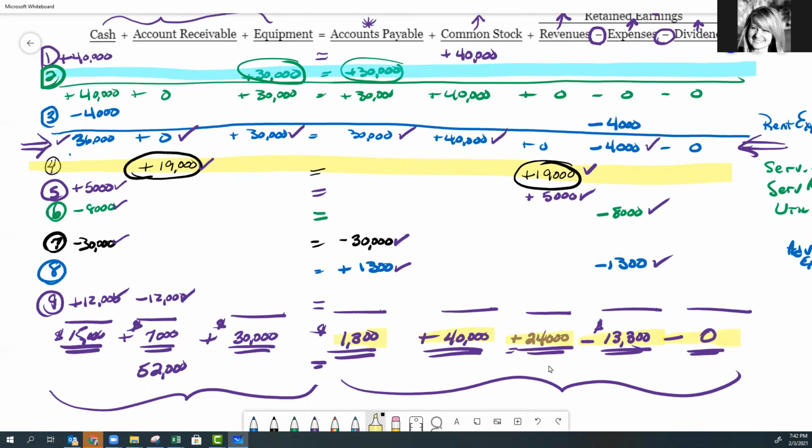So I'm going to take a moment just to calculate that. Okay, 1,300 plus 40,000 plus 24,000 minus 13,300 in expenses, and that equals 52,000. And our accounting equation is in balance.